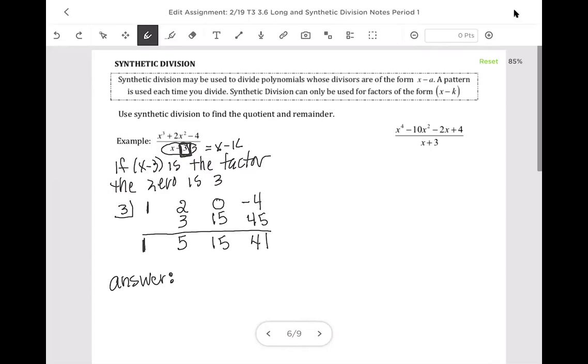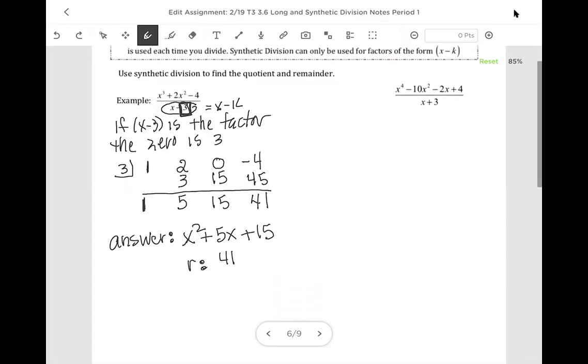So hopefully it makes sense to you that if you're taking an x cubed polynomial and you're dividing by an x polynomial, you're going to end up with an x squared. So 1x squared plus 5x plus 15 remainder 41 over x minus 3.